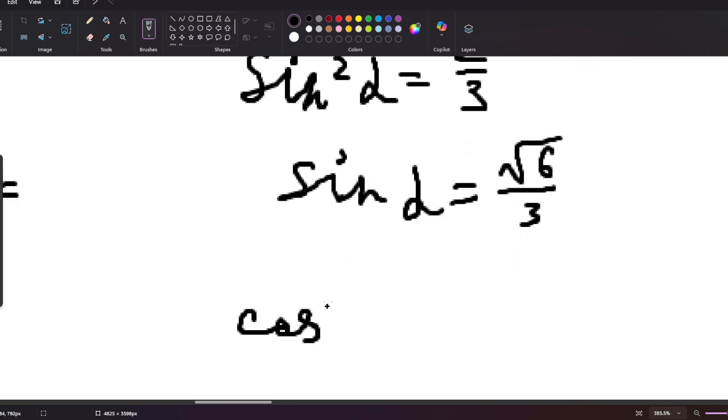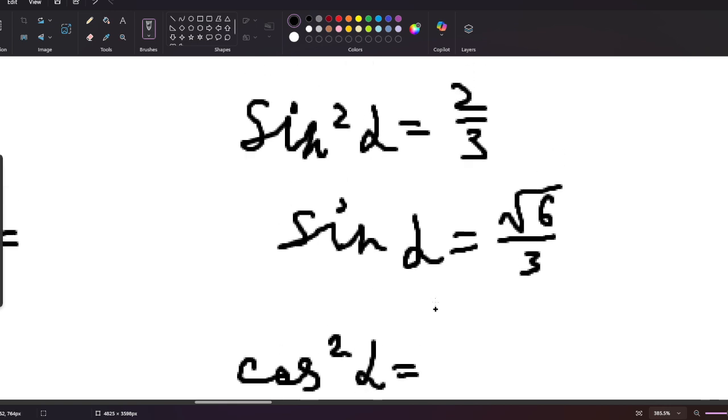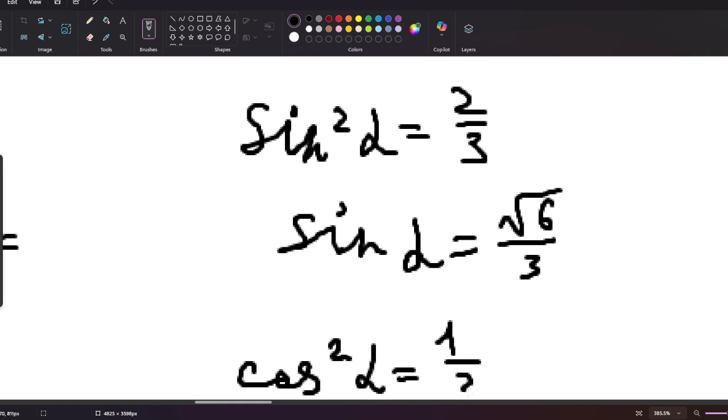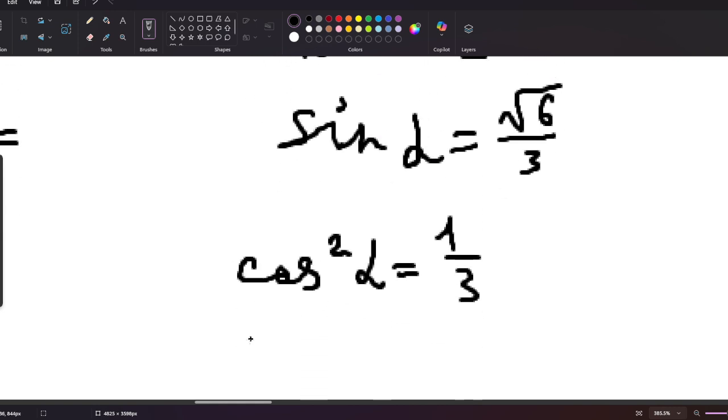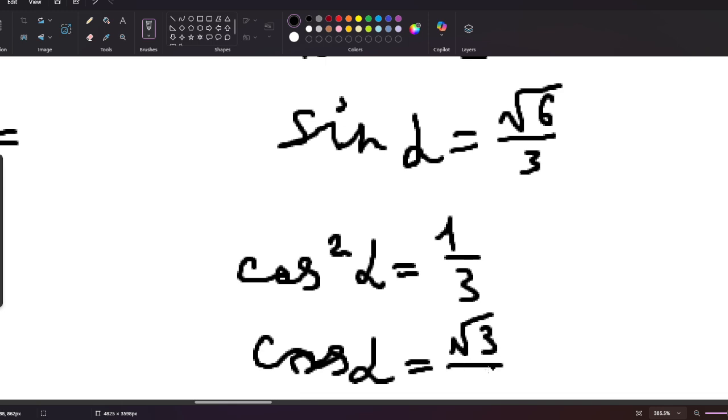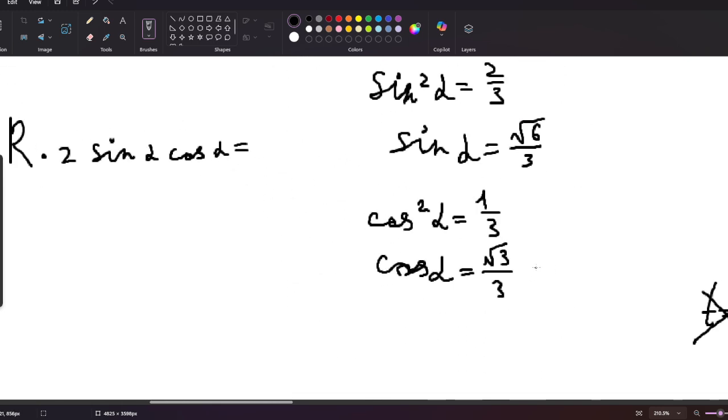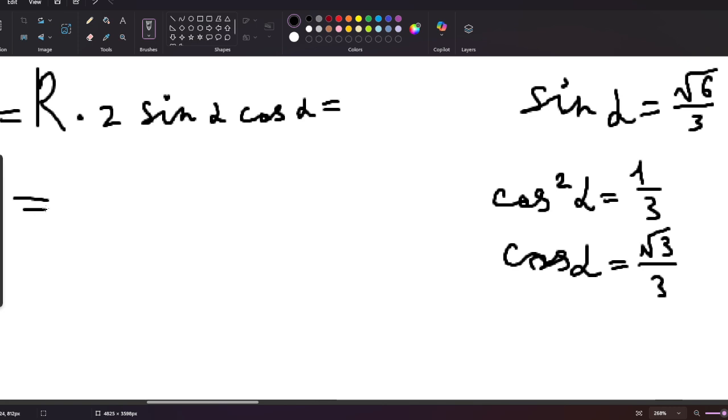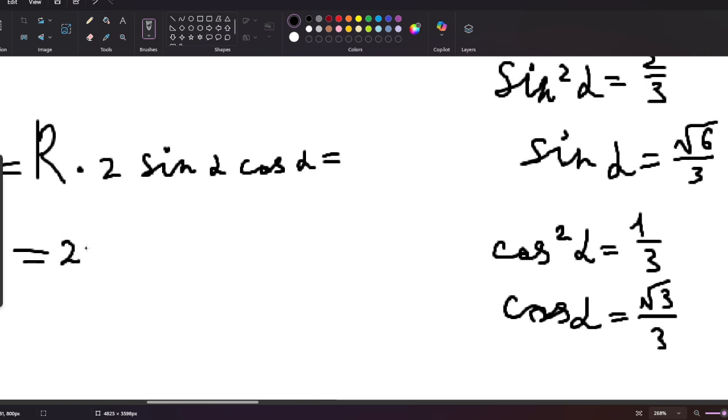Cosine squared alpha is going to be 1 over 3. And cosine alpha is going to be square root of 3 over 3. So this multiplication over here is going to be 2 times square root of 6 over 3 times square root of 3 over 3 times R capital.